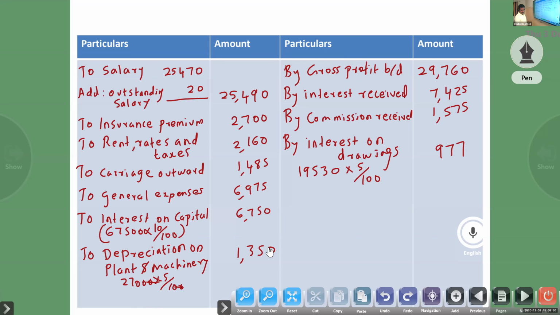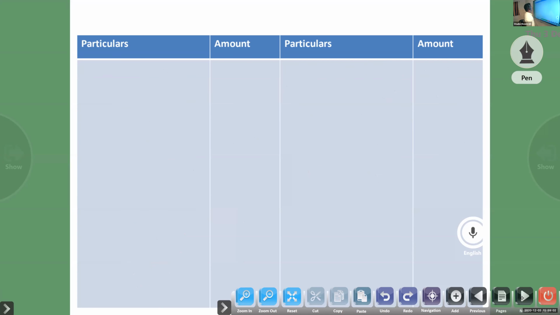Okay. Next adjustment, the provision on debtors, meaning a new provision for doubtful debts. Here the old provision is not given, and no bad debt, so we can write directly.